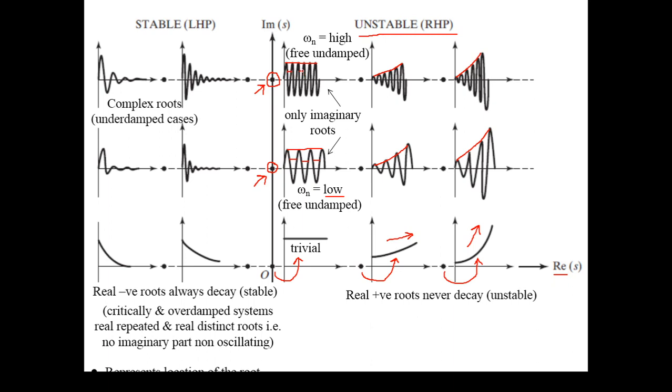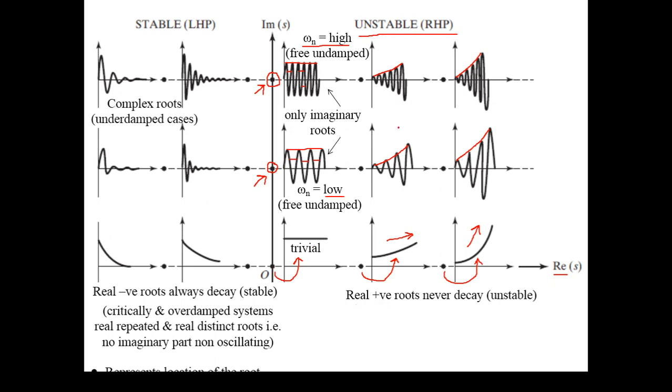So this means that this is a high frequency vibration, because the imaginary part of the root has a higher value, whereas this one has a low frequency, because it represents a lower imaginary value. And this system here basically represents zero roots. So it has a zero imaginary root, a zero real root, which means a trivial solution, and trivial solutions are not important for us.